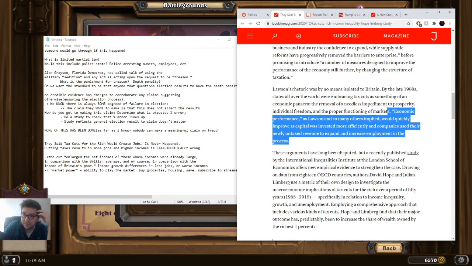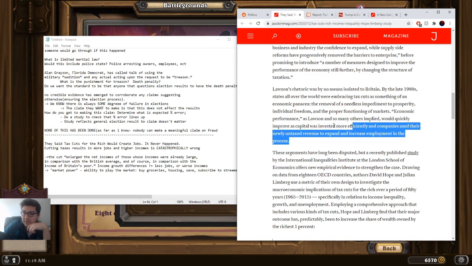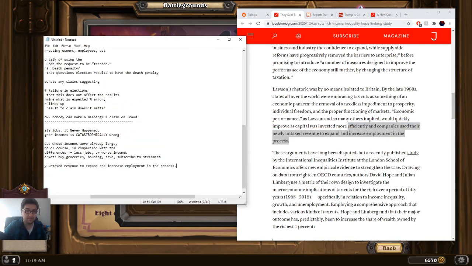I mean, it's good to know that there is a right in the UK that is pushing tax cuts. Proven capitalism as a more efficient way, and companies use their newly untaxed revenue to expand and increase output. All right, so here we get our first thing that's kind of related.